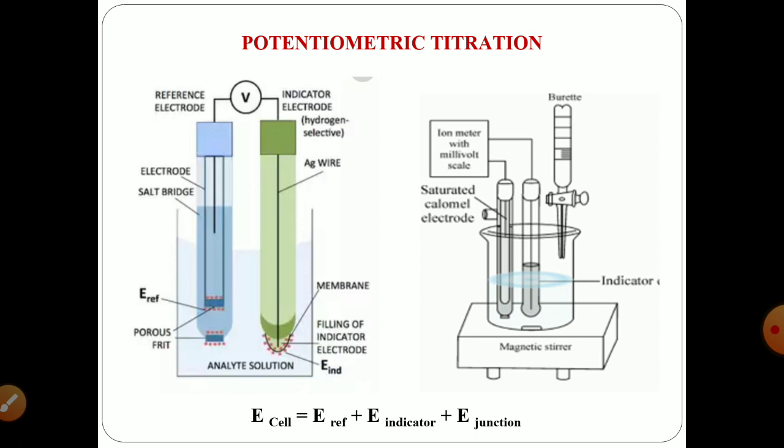As in volumetric titration, you pour your sample from the burette into the assembly, but the difference is that in volumetric titration the color change is the end point, whereas in potentiometric titration you focus on the change in pH. Since you are titrating acid or base using a pH electrode, the titration is known as potentiometric titration. For that you will require two basic electrodes: one is the reference electrode and the second works as the indicator electrode.